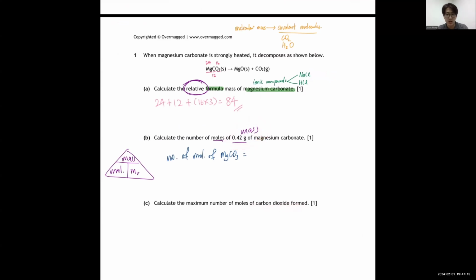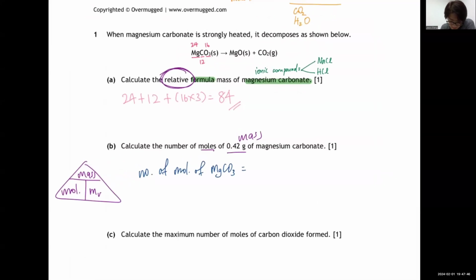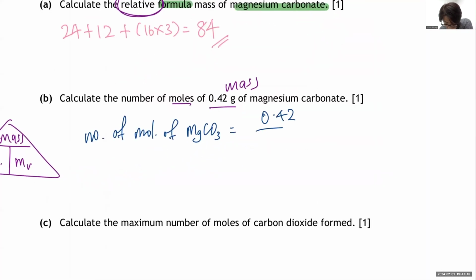Okay, wait, my screen is lagging a lot. So go ahead and do your mass over molar mass. 0.42 over 84.